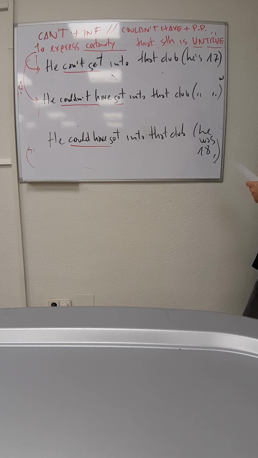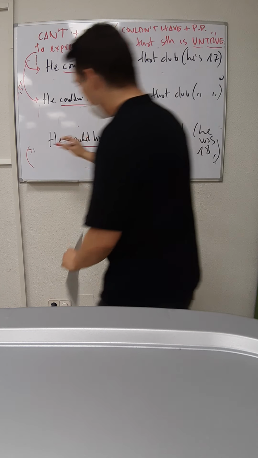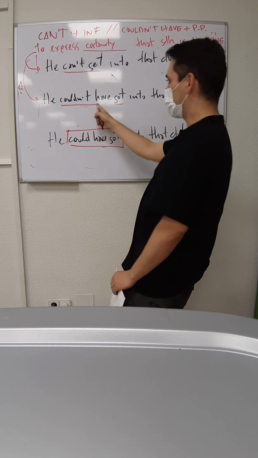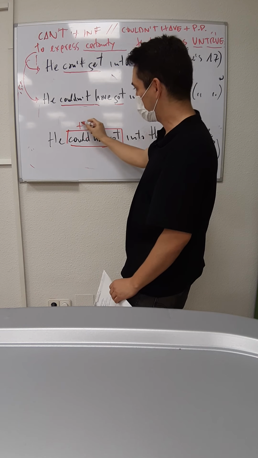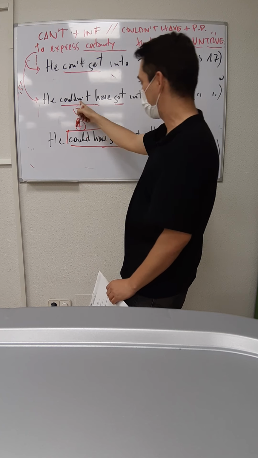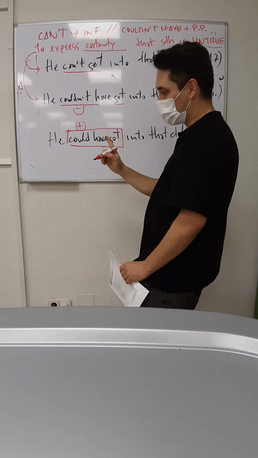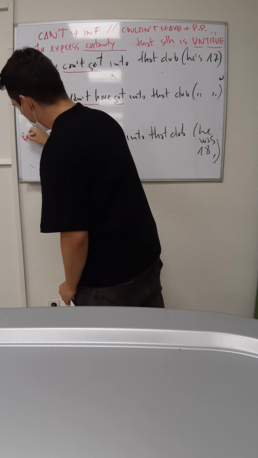Possibility that something was possibly true or untrue in the past. What I'm expressing with this one, could have got, is the same as this one, but in the positive form. This is negative, this is positive. So with the positive one, this is possibility that something was true.